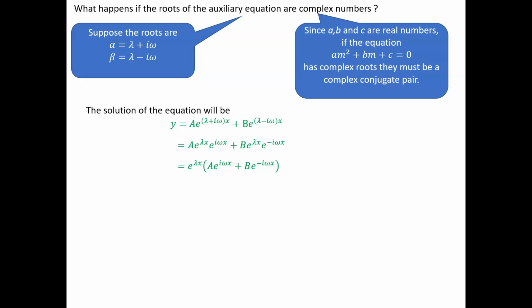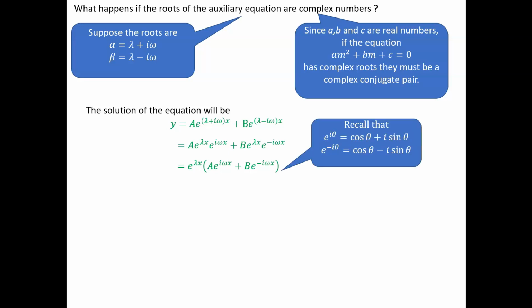Now, in a much earlier video for this unit, you will have come across the result that e to the i theta is the same thing as cos theta plus i sine theta, and e to the minus i theta is the same thing as cos theta minus i sine theta.